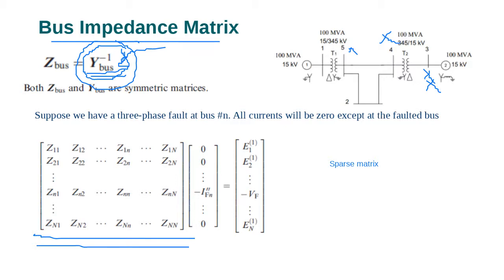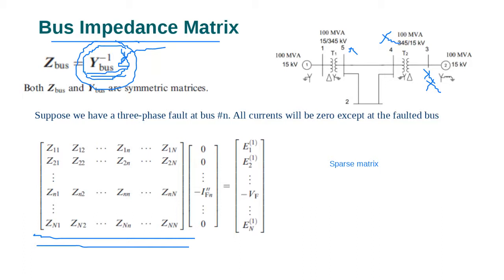If we have 100 buses, then you need 100 times 100, 10,000 elements. A matrix with 10,000 elements, you invert it, and in very short time, maybe 3 seconds, 5 seconds, you will get the results for the inversion. Why? Because of the sparse matrix.